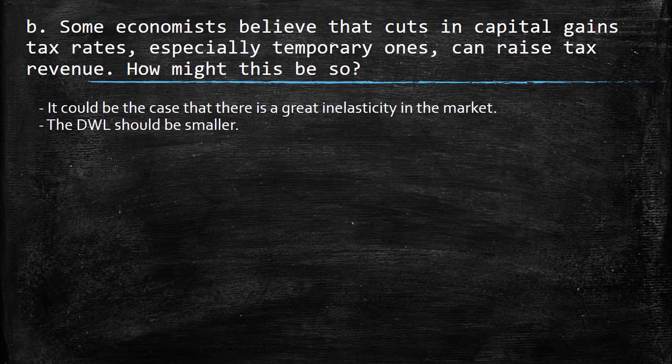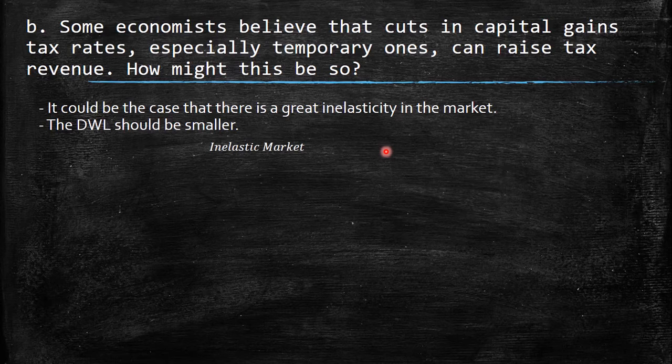It means that due to changes in prices, the quantities don't vary as much as the prices do. Then, at the end, what we will face is a smaller deadweight loss.